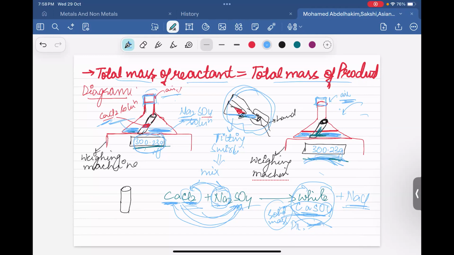Try to write with two, three different pens. Okay, ma'am. Done?